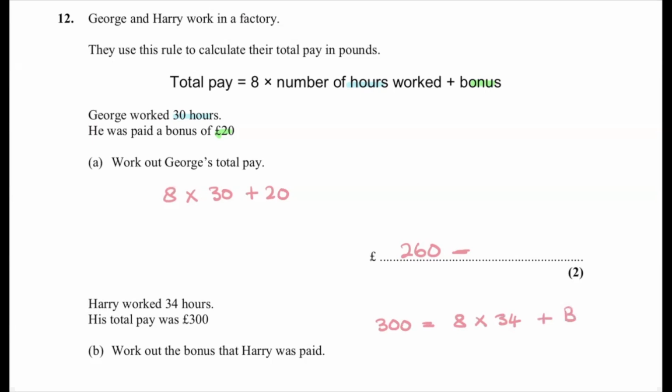Now, 8 times 34 is 272. So 272 plus the bonus will equal 300. So all we need to do is 300, take off the 272, and you've got your 28. And use your calculator. That's what it's there for. You don't have to do any of this by hand.